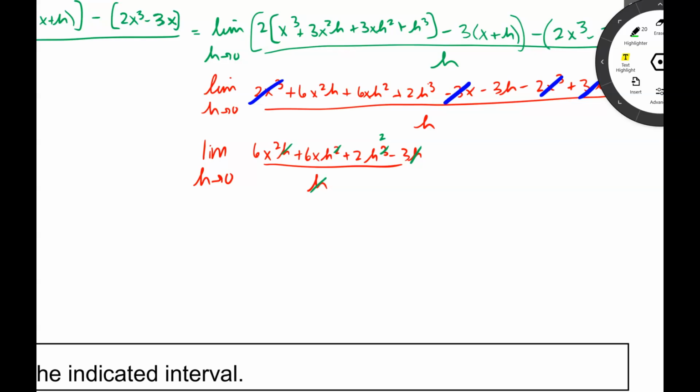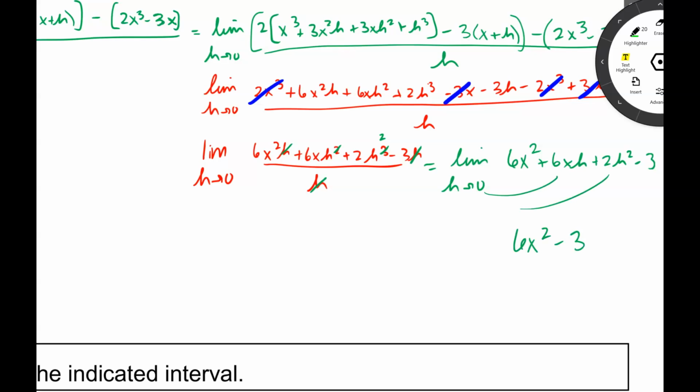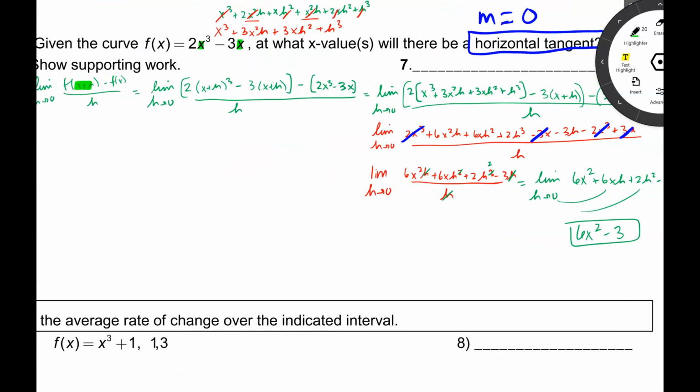Okay, so I factored out, canceled, and now I'm left with 6x squared plus 6xh plus 2h squared minus 3. If I plug in 0 for my h's, I'll have 6x squared minus 3 is my expression. But remember, that's not what we're looking for.